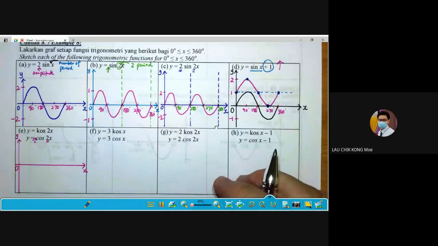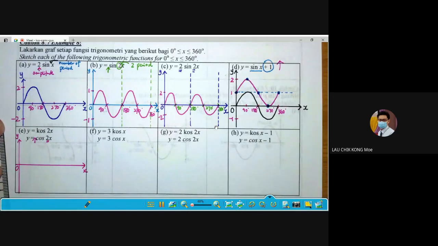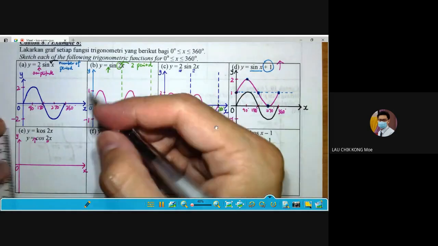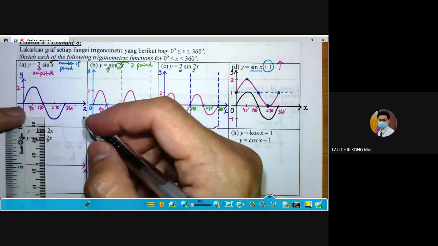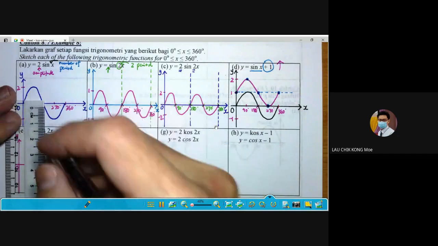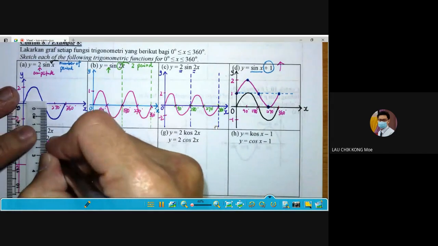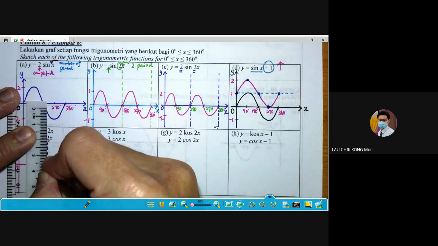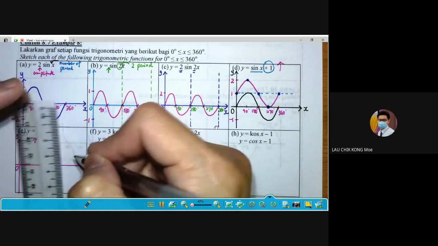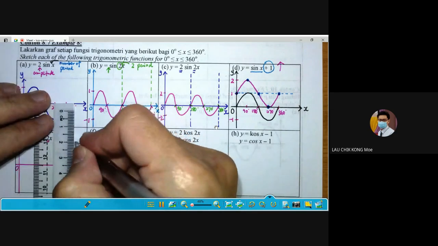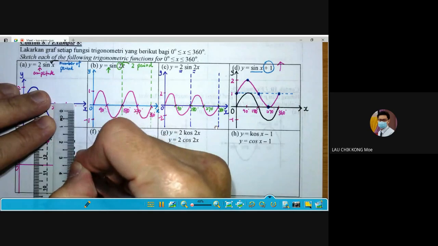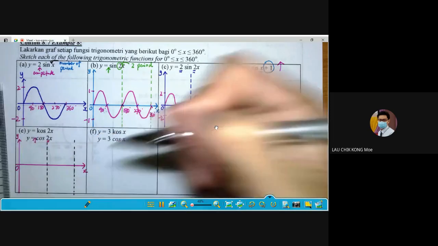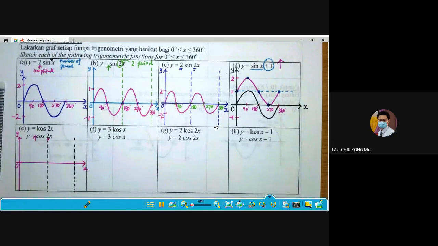For 2 periods, maybe we divide the graph into 2 columns, which will be easier for us later on.